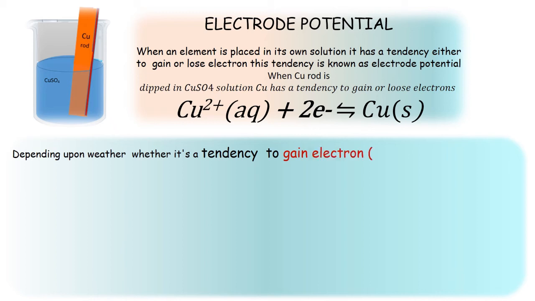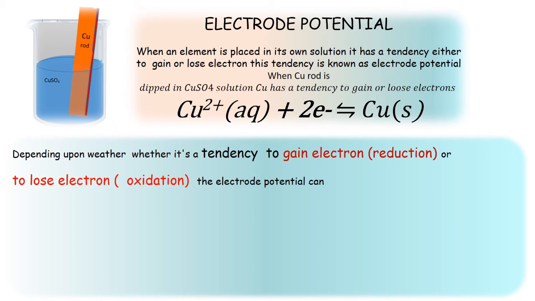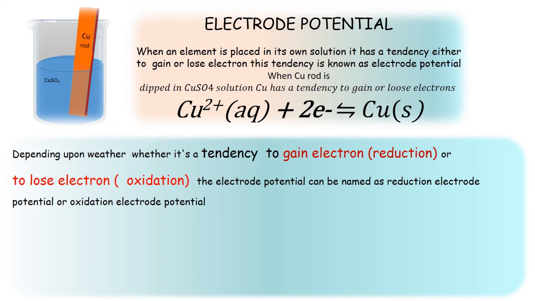Depending upon whether it is a tendency to gain electron or to lose electron, the electrode potential can be called reduction electrode potential or oxidation electrode potential.